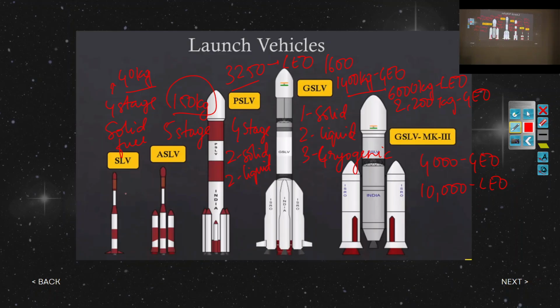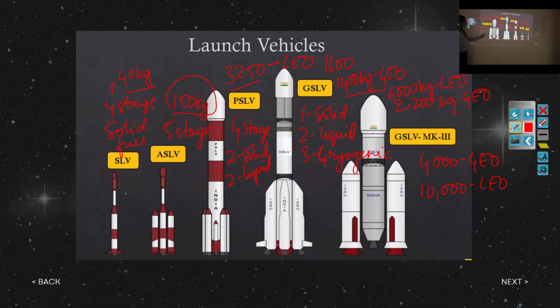Next you can write about the small satellite launch vehicle, SSLV, which can launch mini, micro or nano satellites.